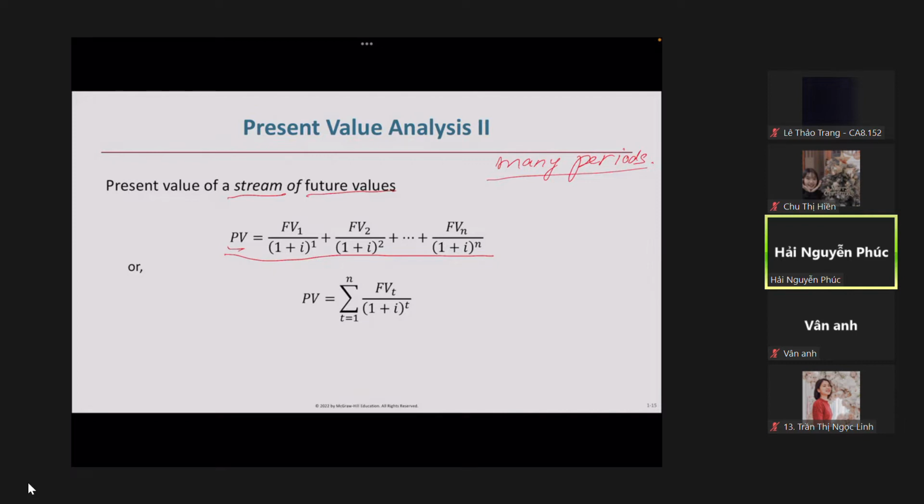It is the present value of period 1, plus the present value of period 2, okay, understand?